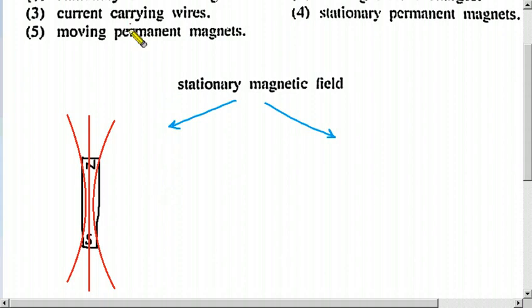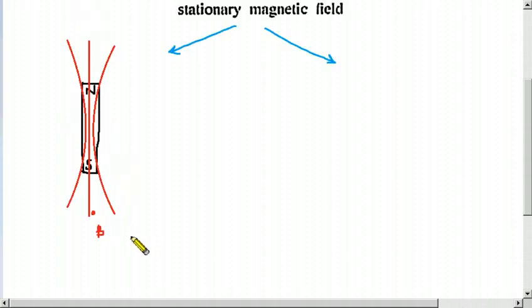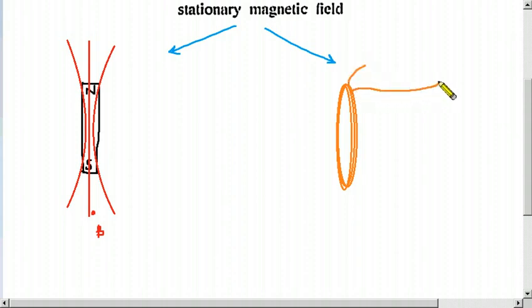Fixed means the field intensity B, or flux density we can say, is permanent. It is not changing. So that is one way. The other way is to use a coil like this, and the two ends of the wire we connect to a battery.